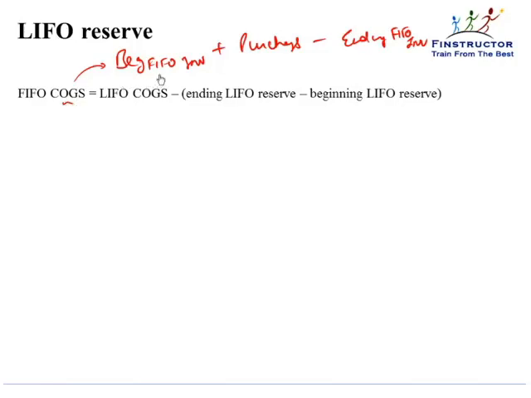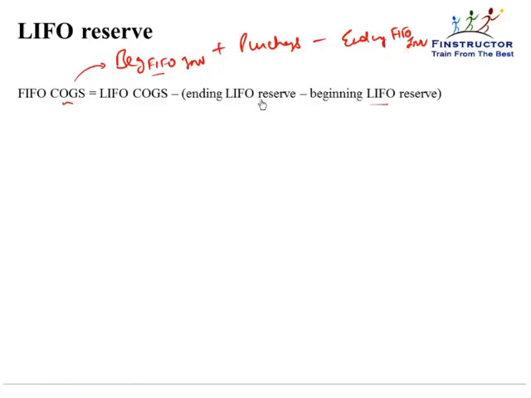We assume what we had in the beginning is sold first, plus what we purchased, minus whatever we are unable to sell. Now we know that the beginning FIFO inventory is nothing but the beginning LIFO inventory plus the beginning LIFO reserve, and the ending FIFO inventory is the ending LIFO inventory plus the ending LIFO reserve.